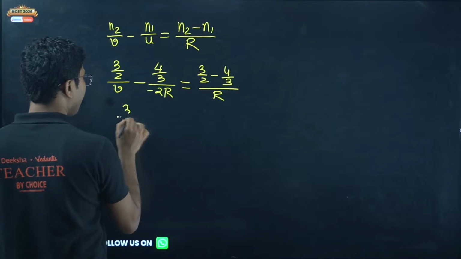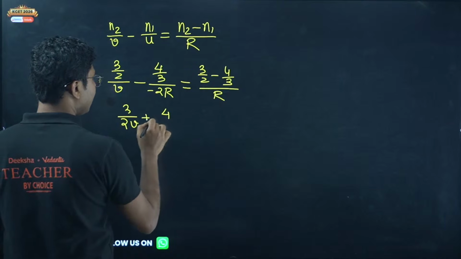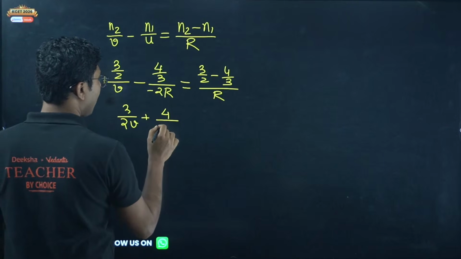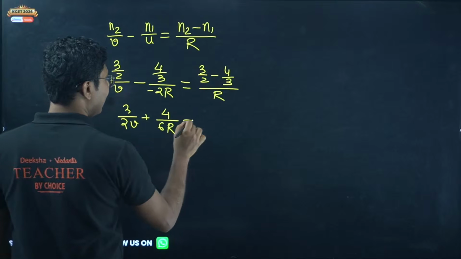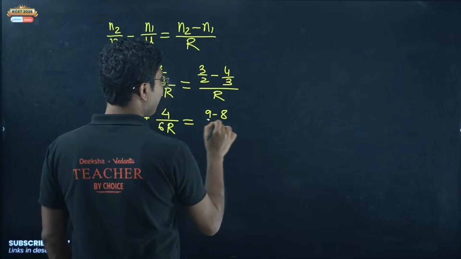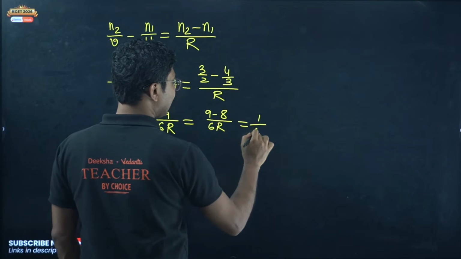So 3 by 2v plus 4 by 6r equals 9 minus 8 by 6r. Okay, that is 1 by 6r.